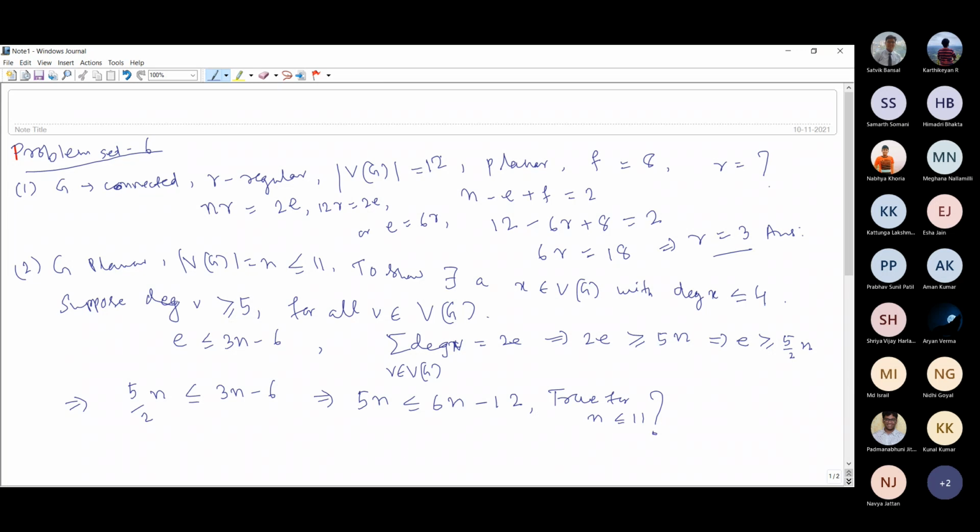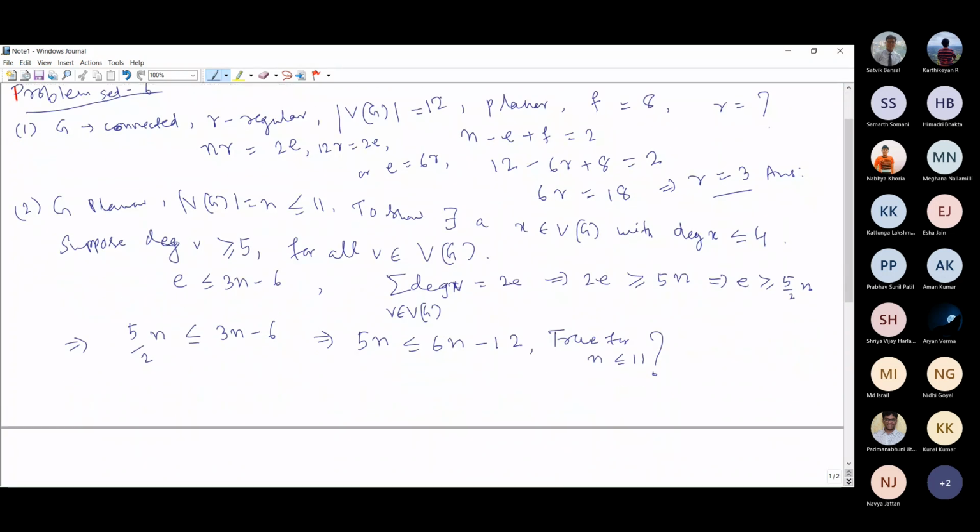Are you listening to me? Whether you get this inequality? Say for example, n equal to 11.